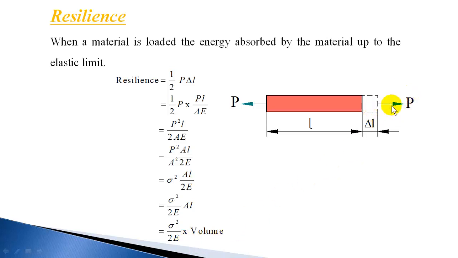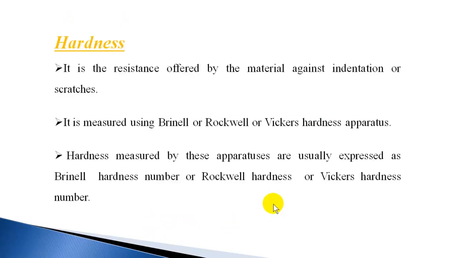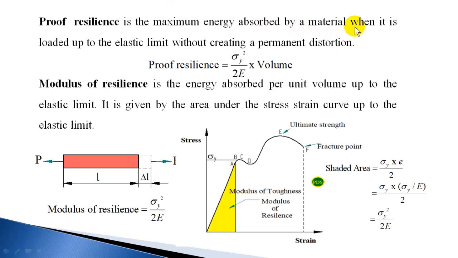Beyond sigma y, the material undergoes plastic deformation. So that is the maximum energy that can be absorbed by the material within the elastic limit, the maximum energy absorbed when it is loaded up to the elastic limit without creating permanent deformation. Beyond that, permanent deformation takes place, energy will not be stored in the material, it cannot be retained.